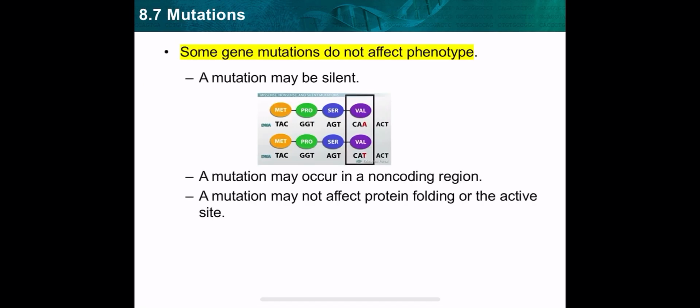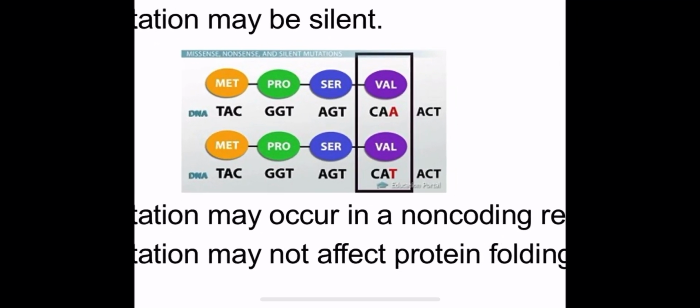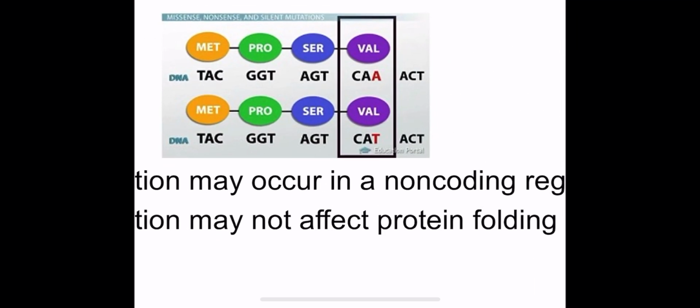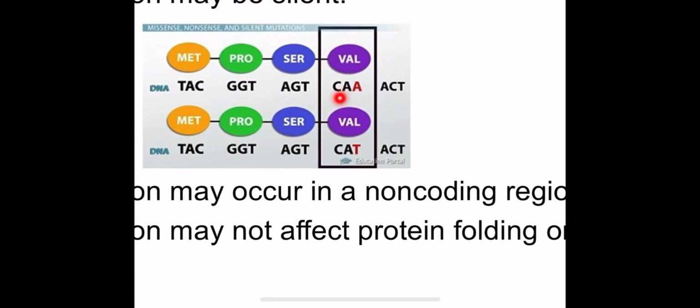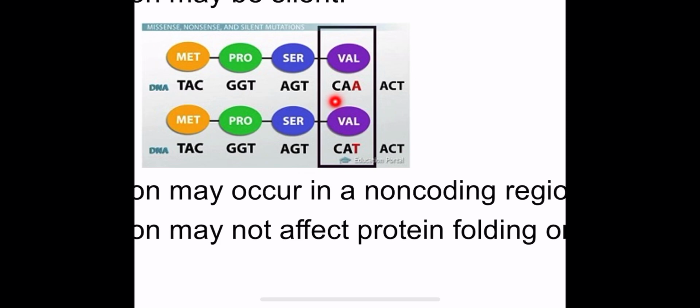Sometimes the mutation is silent. Some gene mutations don't affect the phenotype. What's the meaning of a silent mutation? The mutation might cause a change in the codon. Look here, for example, in this one, normally it should be CAA.